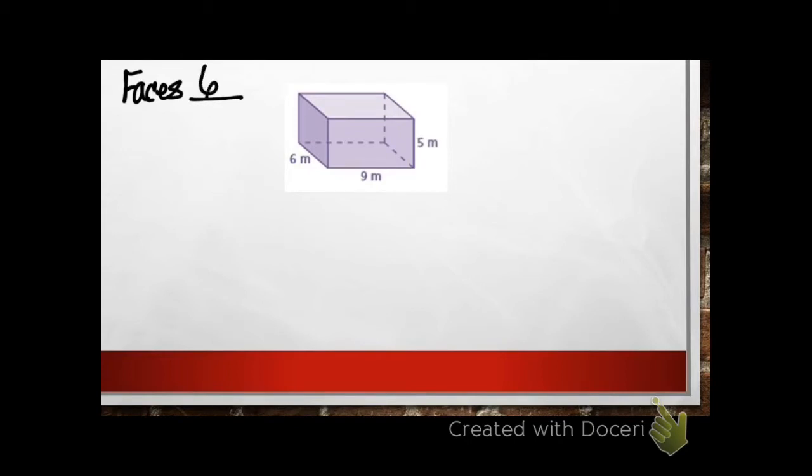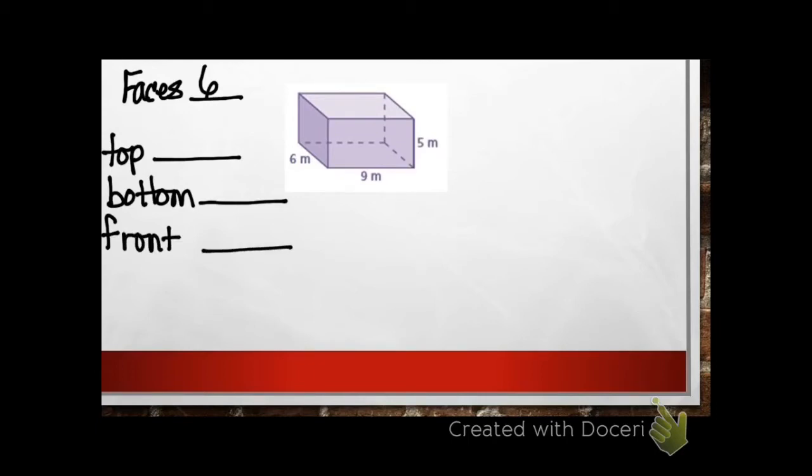You should have decided there were 6. Let's label them. We have a top, bottom, front, a back, and 2 sides.